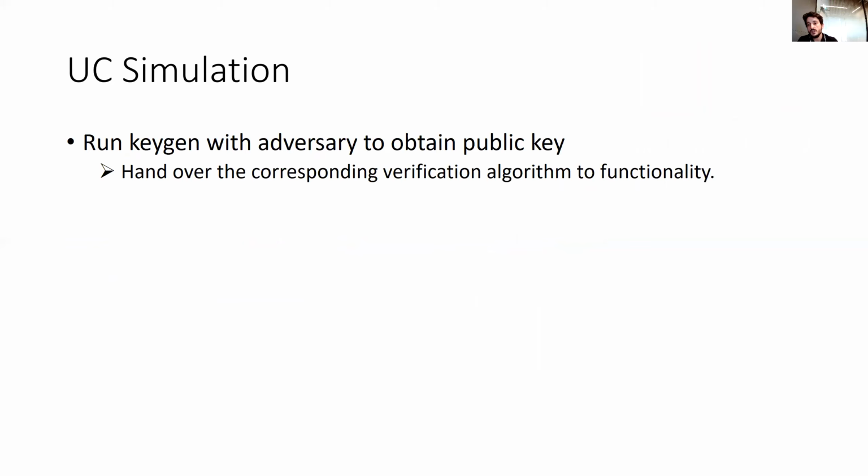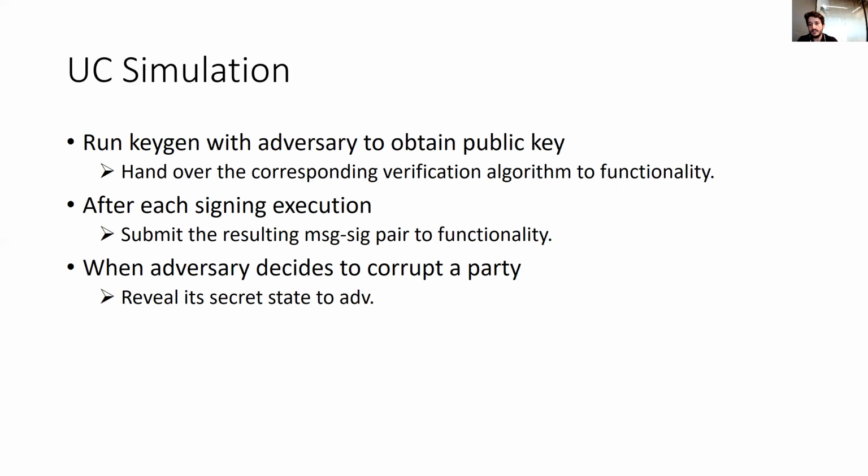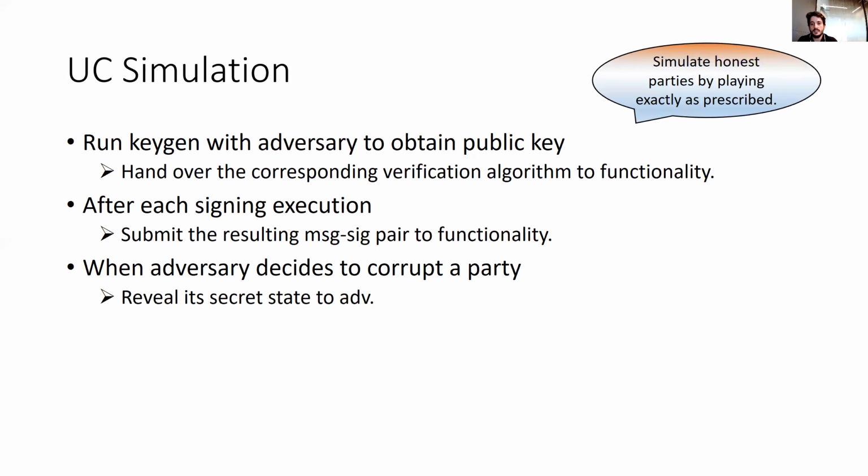So just run the key generation to obtain the public key and hand over the corresponding verification algorithm to the functionality. Then, after each signing execution, simply submit the message signature pair to the functionality. And finally, when the adversary decides to corrupt the party, just reveal the secret state to the adversary. So I just used a lot of words to say something really, really simple. Simulate the honest parties by simply playing exactly as the protocol prescribes.